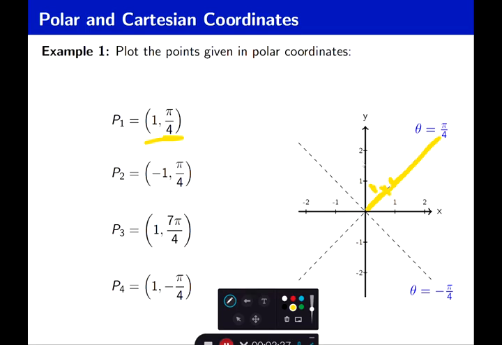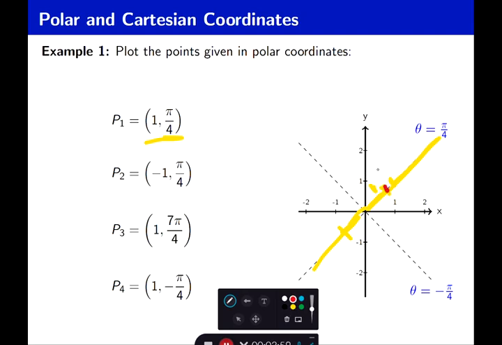What about -1 and pi fourth? With -1 and pi fourth, you basically add pi to pi fourth. It's over here. Again, you separate 1 from the origin, and this one is the point.